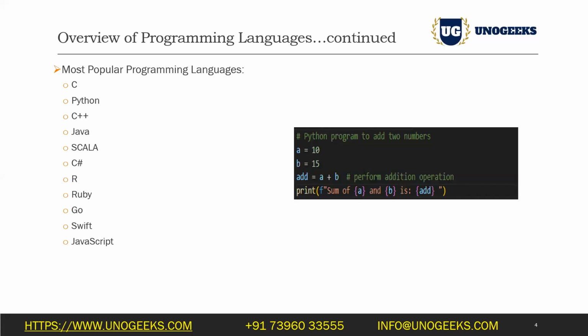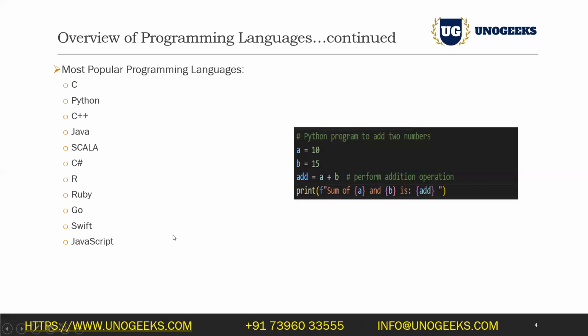Now, an overview of programming languages. These are the most popular programming languages we have in the market. C we use mostly for hardware and embedded domains. Python we are generally using for AI, ML, and automation domains.